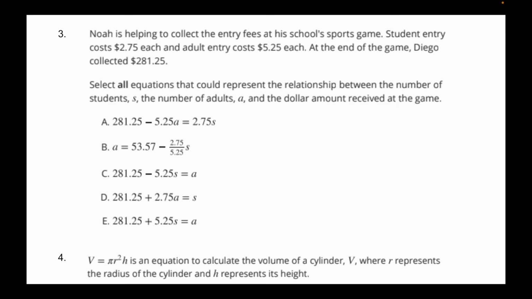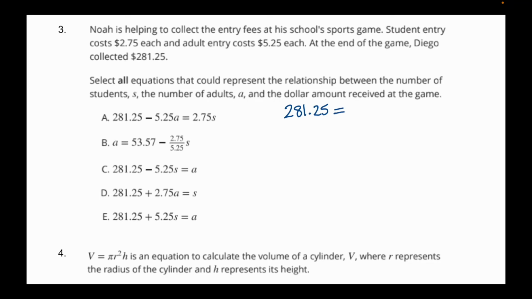So I'm going to write an equation first that would make most sense to me. I like to use a total, and then that's equal to the sum of the 2 different pieces. So the total amount of money he collected is $281.25. And how did he get that amount?